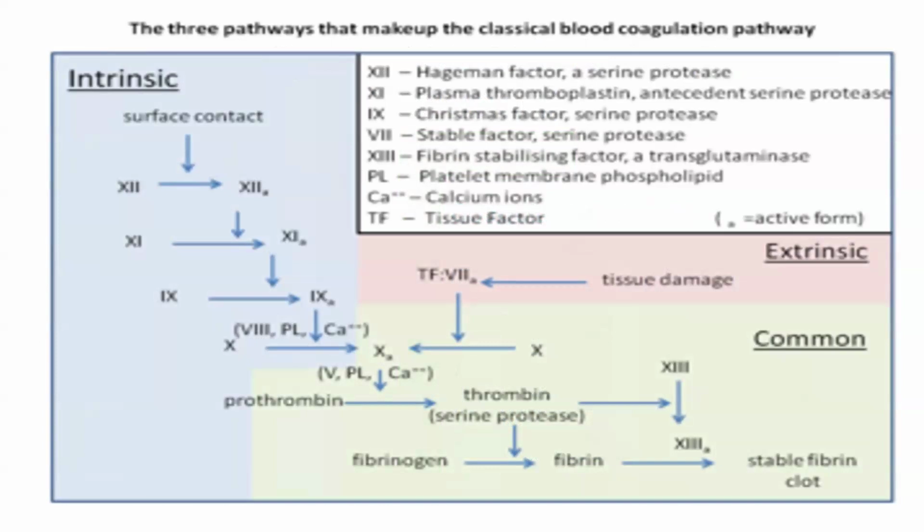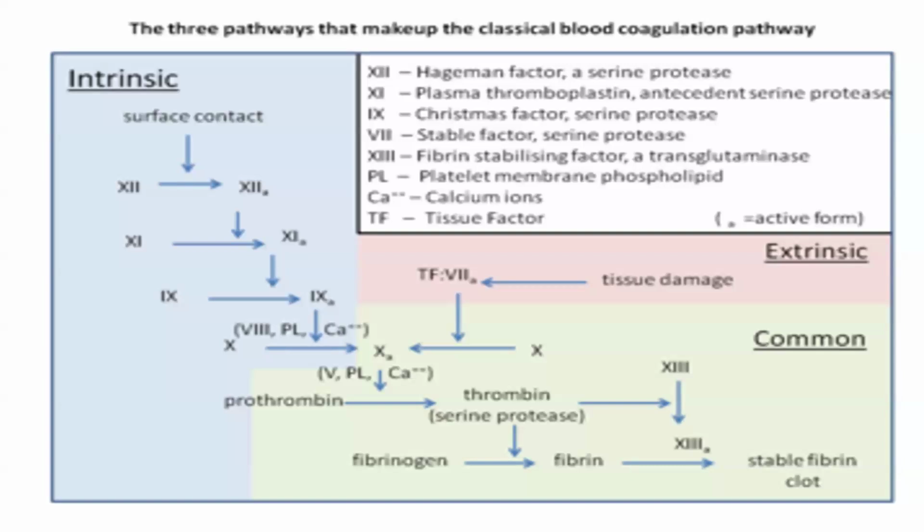I've given a brief and simple illustration of what happens in the coagulation pathway. I'll start with the intrinsic pathway, where we start with the surface contact, where the high molecular weight kininogen or the prekallikrein activates factor 12.